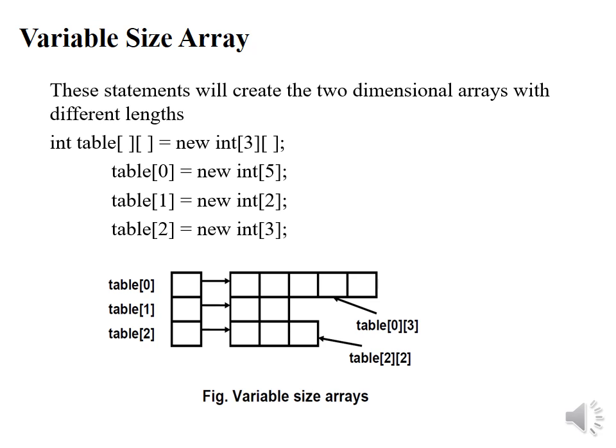The 0th row is allocated 5 columns, the first row is allocated only 2 columns and the second row is allocated 3 columns. The idea of each individual index is similar to what we studied in the previous example. But it is the flexibility provided that, depending on the row number, the column number may vary.